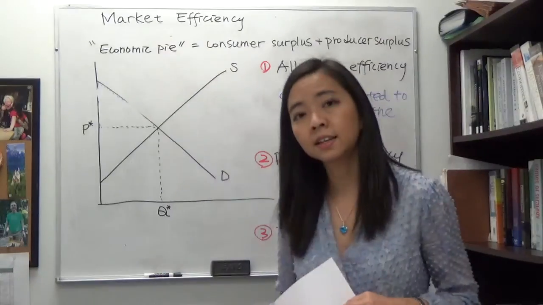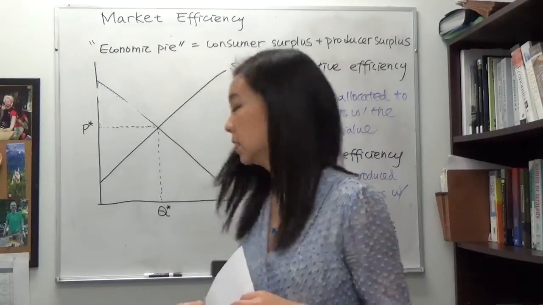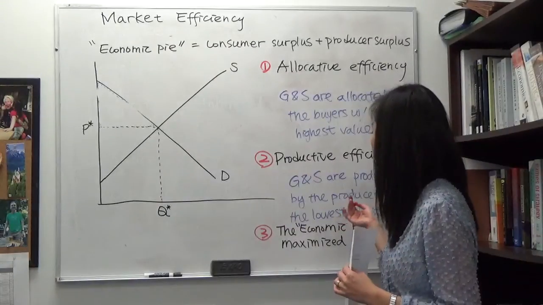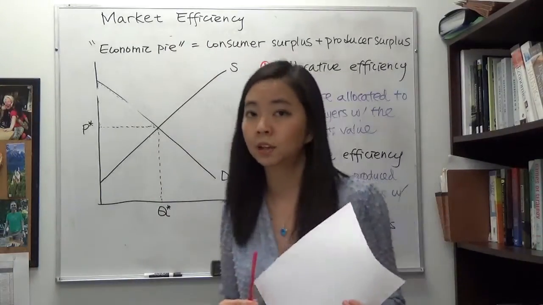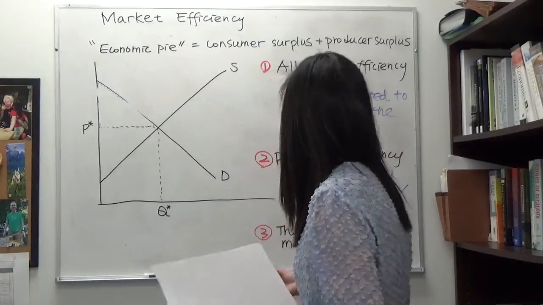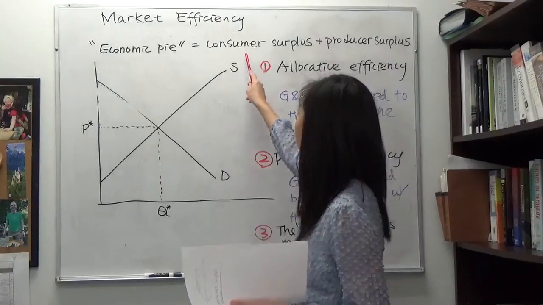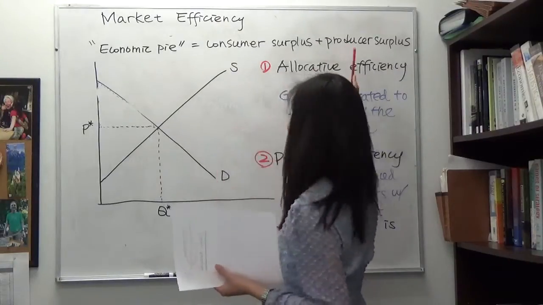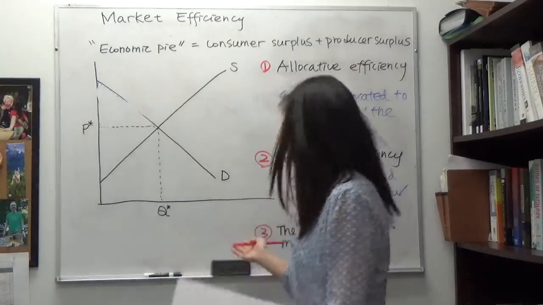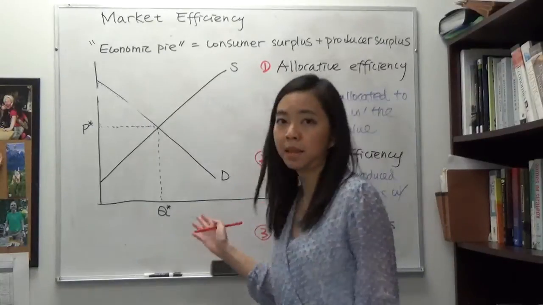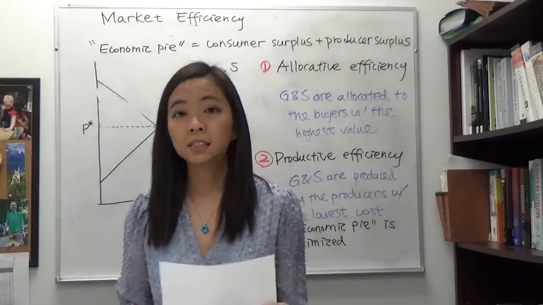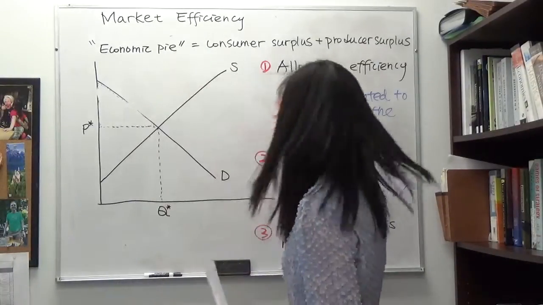The second is productive efficiency, meaning goods and services are produced by the producers with the lowest cost. And three, our economic pie, meaning the sum of consumer surplus and producer surplus, is maximized. That means you cannot make the economic pie bigger. Today we're going to prove these three criteria.